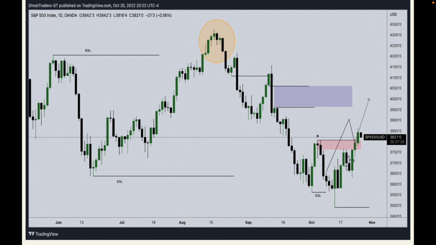You can see here price pushed up, eventually it collected this high, and as price collected this high, I shaded this area because we might just have a retracement here, and then price continues to go up to this level here.